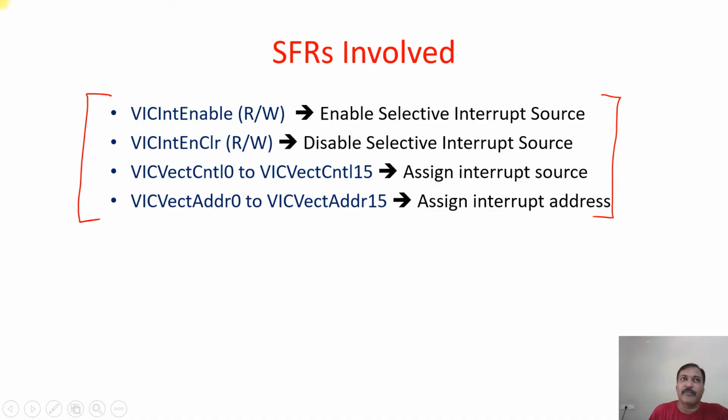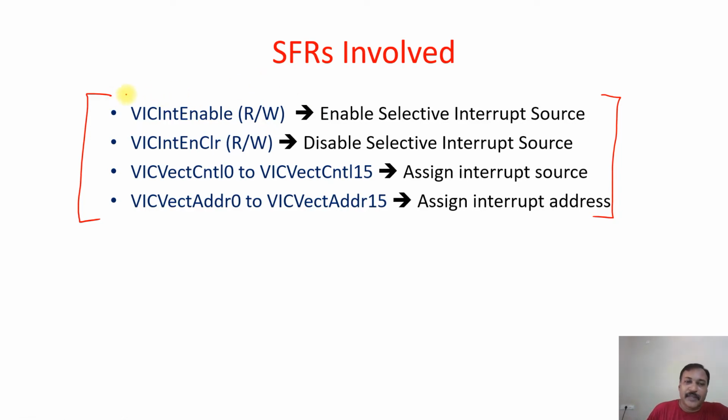Any peripheral normally has a specific interrupt register. For example, if you want to use external interrupt, you have a specific interrupt register meant for dealing with external interrupts alone. So you have interrupt specific SFRs. But in general, if you want to enable and use an interrupt in LPC2148, these are the 4 SFRs that you have to deal with.